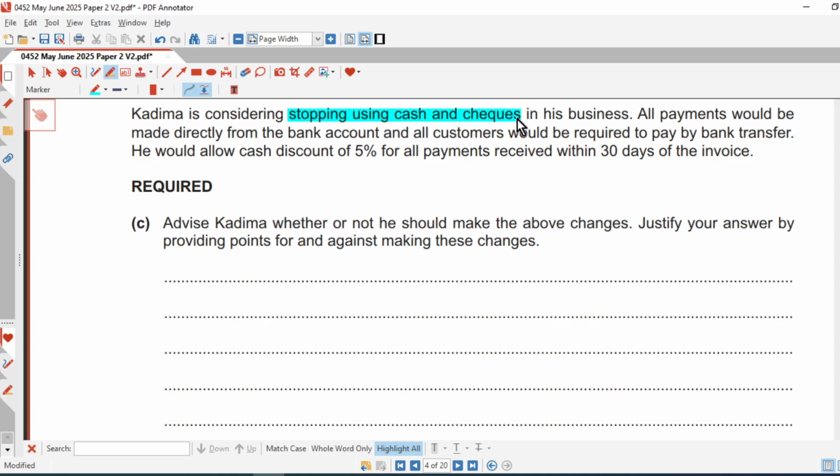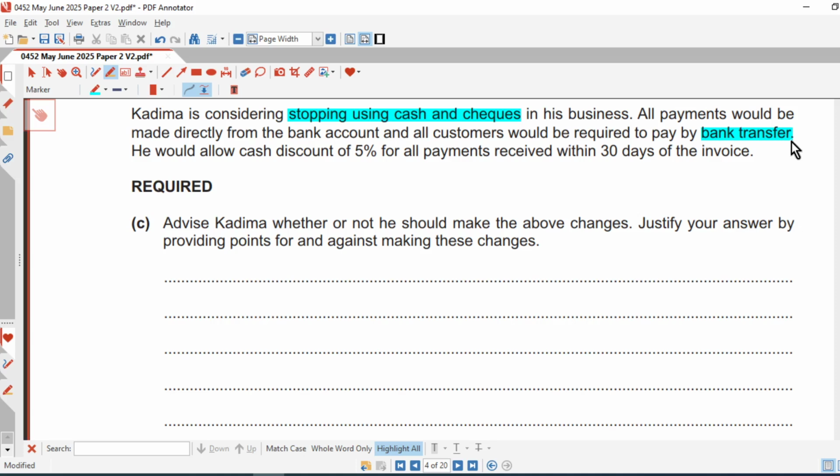Okay, what does that mean? All payments would be made directly from the bank account, and all customers would be required to pay by bank transfer. So you're going to stop using cash and you're going to stop issuing checks. You're going to do everything via bank transfer, right?